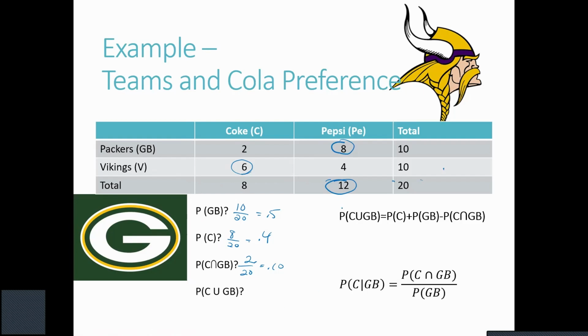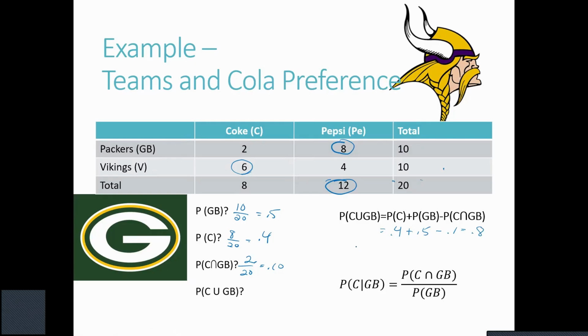So for this one, we're going to use our formula. The probability that you like Coke, we said, is 0.4. The probability that you like Green Bay is 0.5. But we've got an overlap of Coke and Green Bay, and the probability there is 0.1. So 0.4 plus 0.5 minus 0.1 is 0.8.